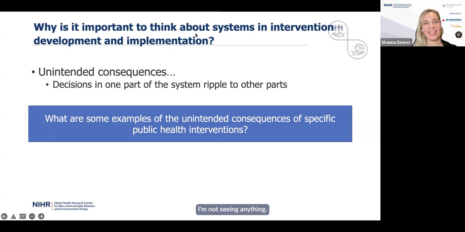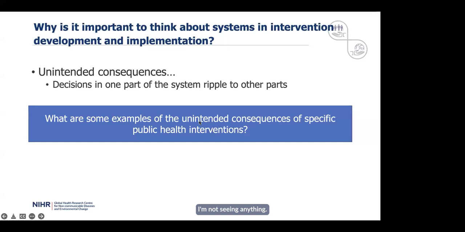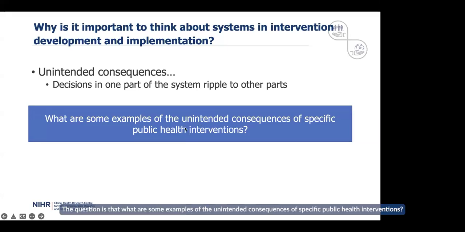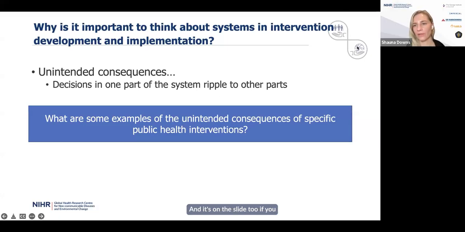I'm not seeing anything. The question is, what are some examples of the unintended consequences of specific public health interventions? It's on the slide too.